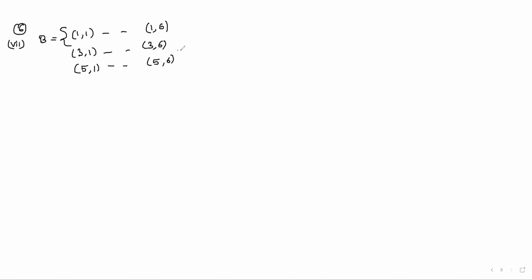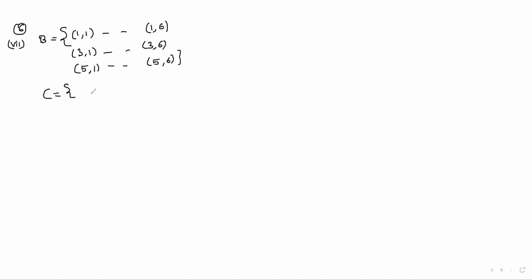I will show you this, 6,1. Okay. So only the common part will come, sir. So the common part is 1,4 and 3,2. Let us see what B is: B is 1,1 up to 1,6, then 3,1 to 3,6, then 5,1 to 5,6. Then what is C?